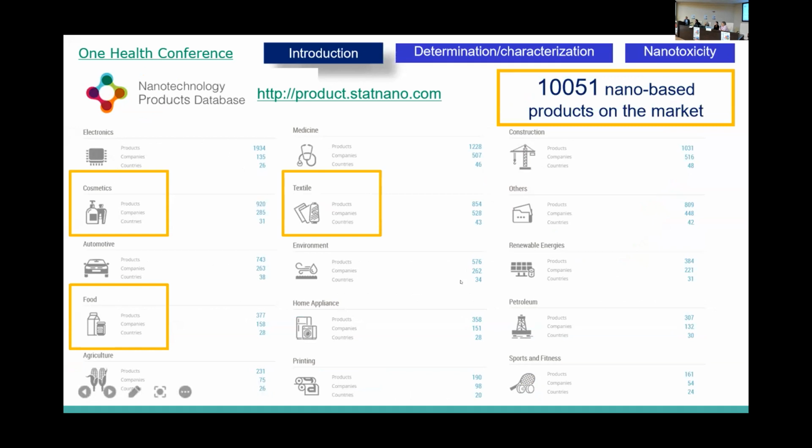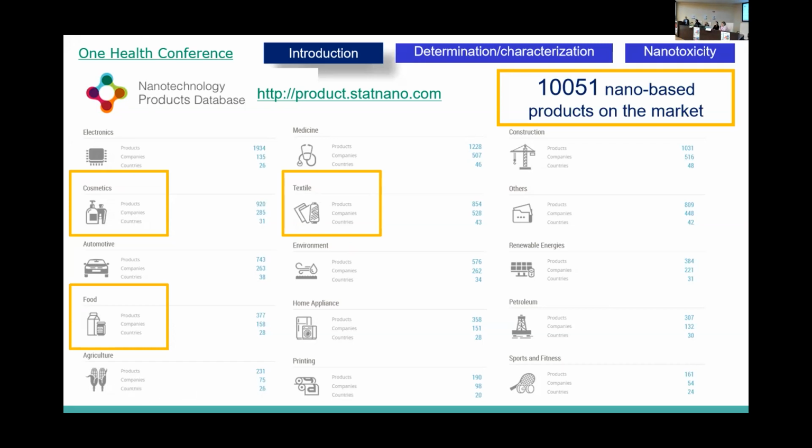As you probably know, nanoparticles and nanomaterials exhibit very outstanding properties. These materials are used in many products that we use every day. The presence of these nanomaterials in cosmetics and personal care products is quite important, and also in textiles, and mainly in the food industry.